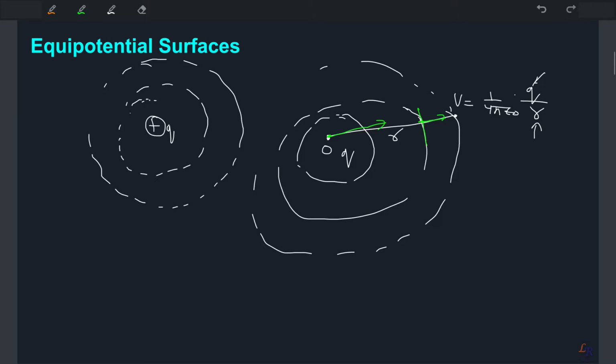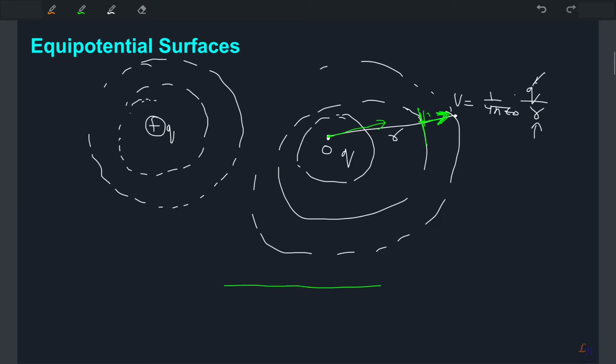If you take a tangent here, it is always perpendicular to the electric field. So it brings a very nice property: the equipotential surfaces are those surfaces at which the electric field is perpendicular, like here.